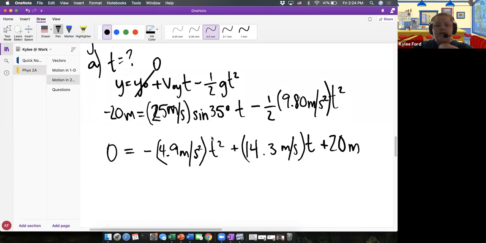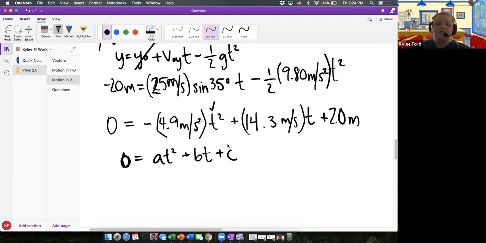So again, we're trying to solve for my t here. And does this form look familiar to anybody? Let's think about this for a second. It should look something like this: 0 equals a t squared plus b t plus c. Does that look familiar? That's a 0.